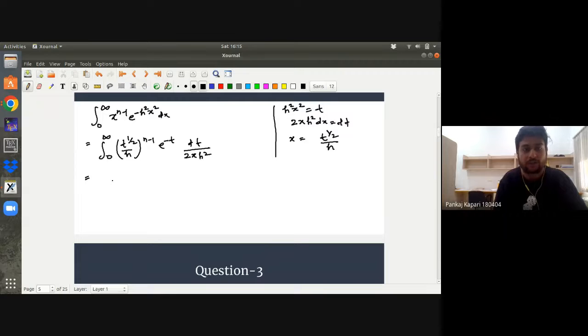Note that we can take h to the power n minus 1 outside, so this will just become h to the power n plus 1, and t to the power half times n minus 1.